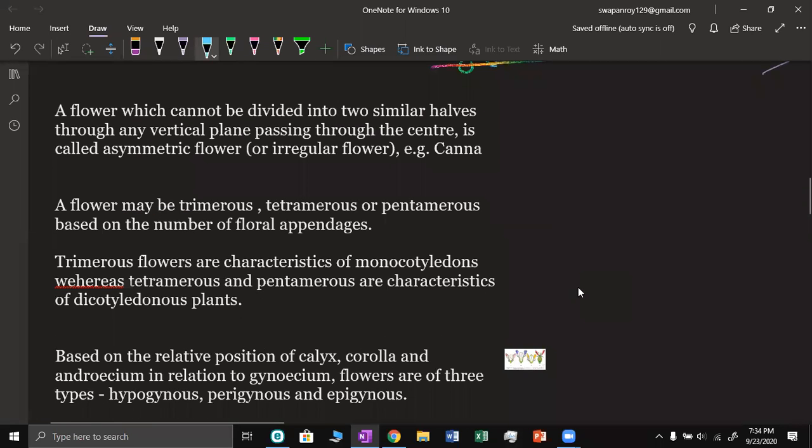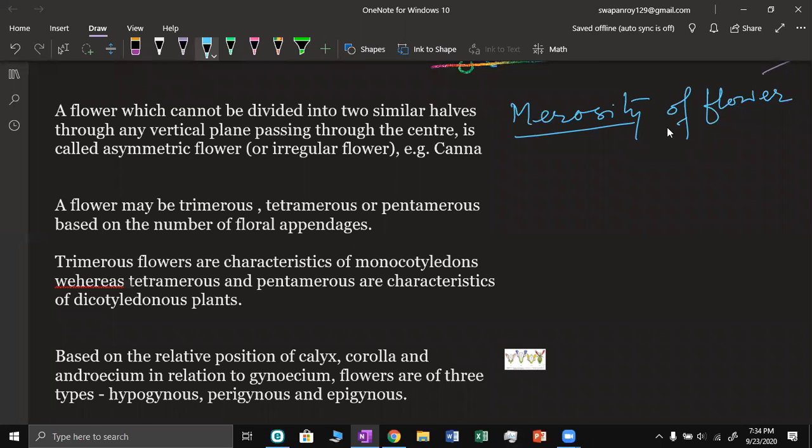Next thing is called merosity. Merosity of flower. From your general experience, you know that in most of the flowers that you have seen, there are five sepals or five petals, maybe five stamens.